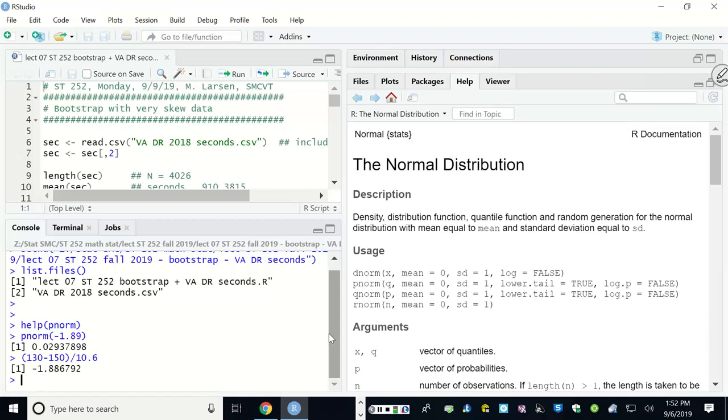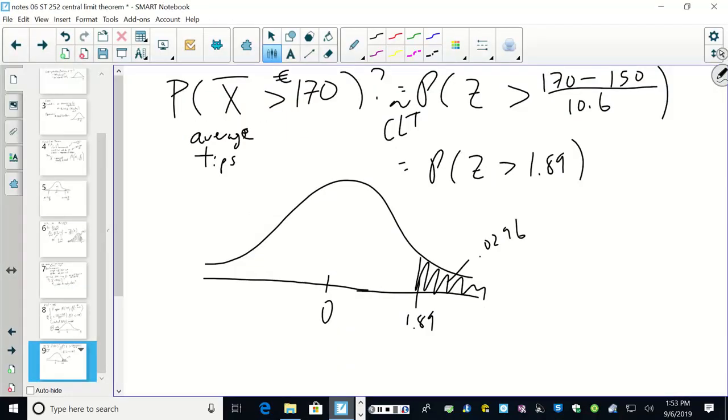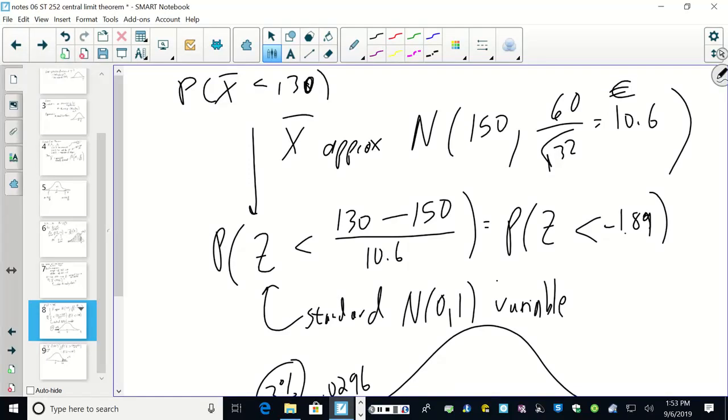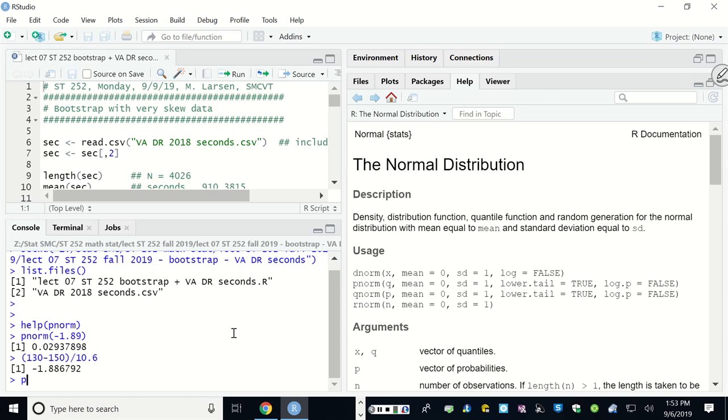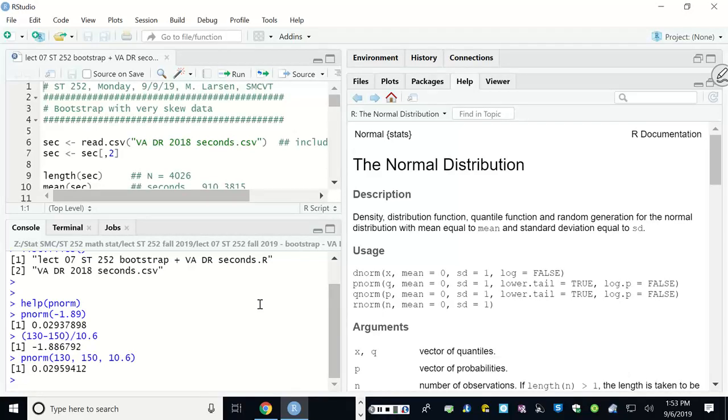So the chance that under a standard normal you're less than negative 1.89, that was this picture. You're less than this under a standard normal. And if you didn't do that conversion yourself, and you put pnorm of 130, the chance that you're less than that, with 150 as the mean and 10.6 as the standard deviation, it will give almost the same value.